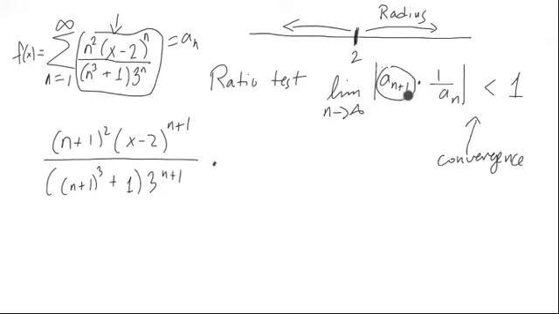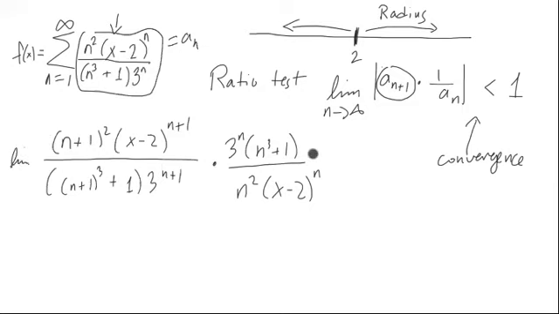So that's a sub n plus 1. Now we look at 1 over a sub n, which is the reciprocal of what you see here: 3 to the n times n cubed plus 1, all over n squared times x minus 2 to the n. And we take a limit of this.